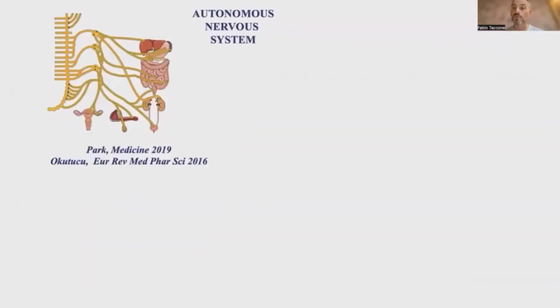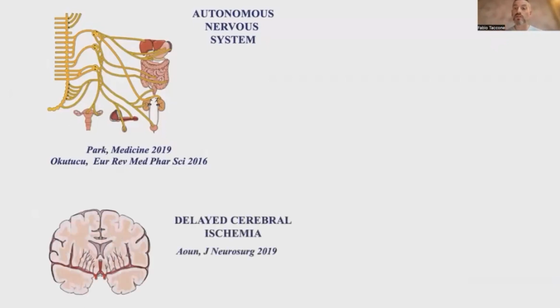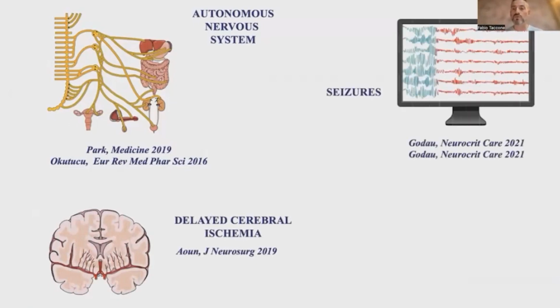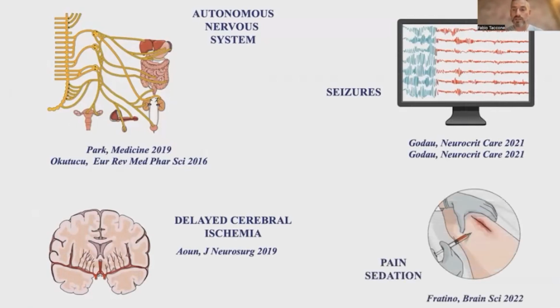I didn't have the time to go more in depth because I didn't want to be too long and to give you too much information, but there is a role for pupillometry to potentially assess autonomic nervous system dysfunction, and to potentially predict delayed cerebral ischemia. Here the data are more controversial. Even in patients with seizure, pupillometry in response to antiepileptic drugs has been studied with some very early and preliminary promising results.